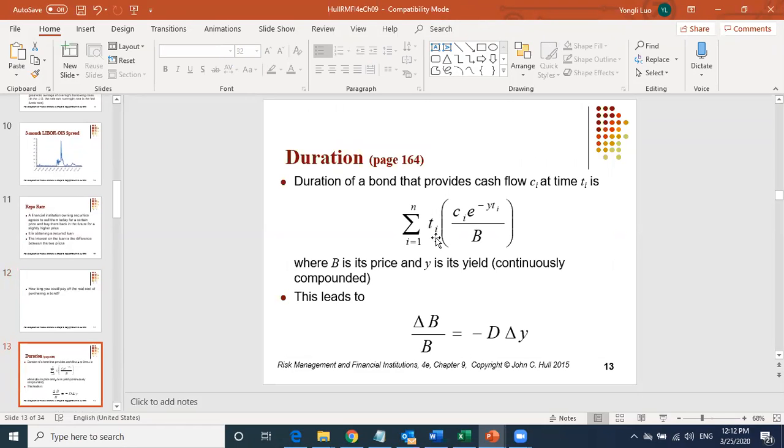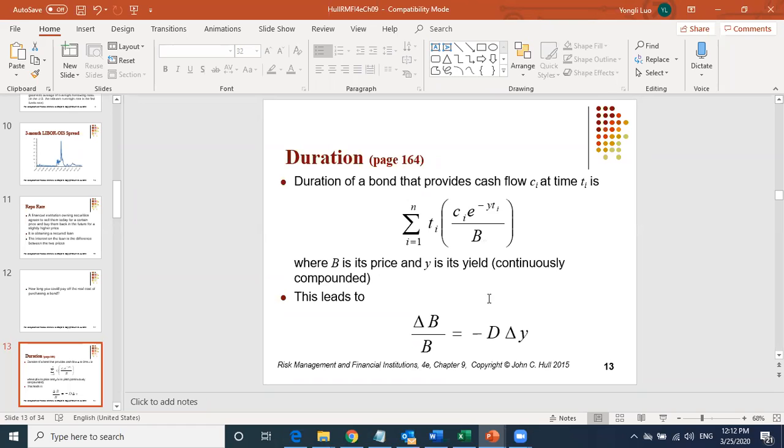The duration of a bond that provides cash flow at time t is given by the following formula, where B is the price and y is the yield to maturity. Remember, when the interest rate, the yield, increases, the bond price will go down.